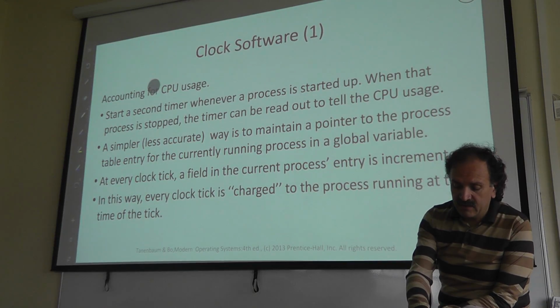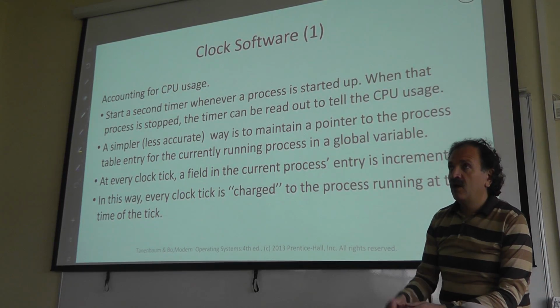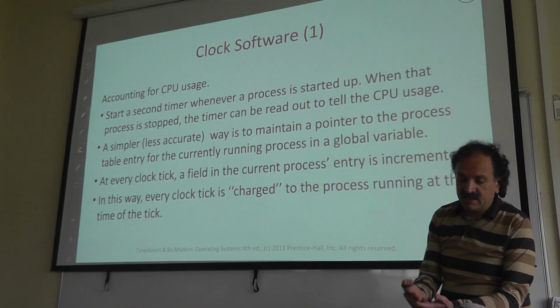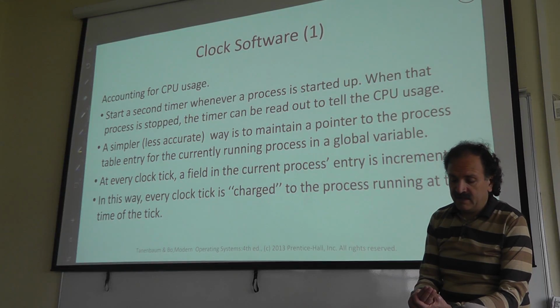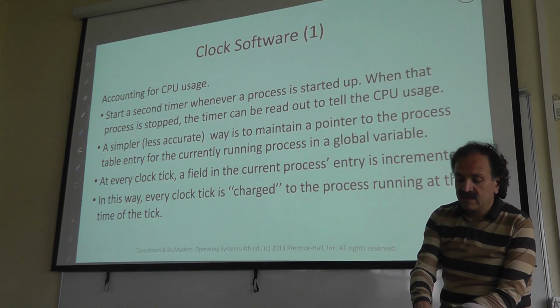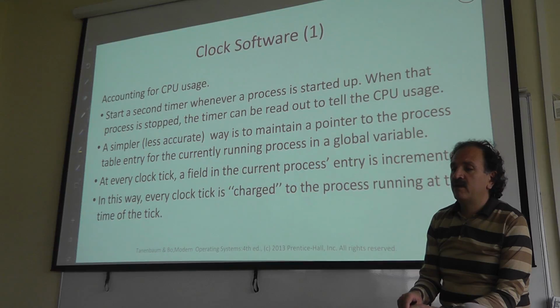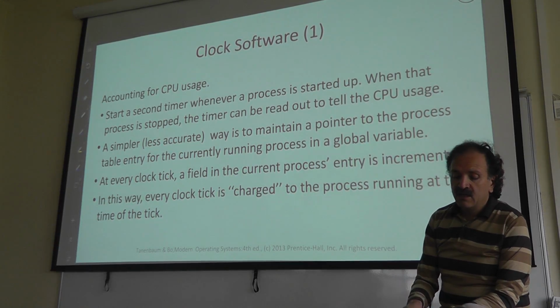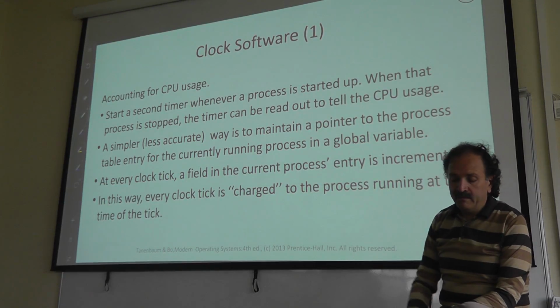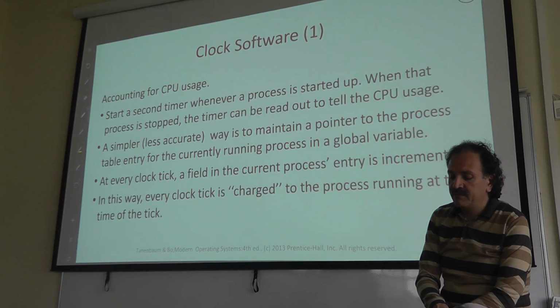The third one is the accounting for the CPU usage. How much my processes are using the CPU is an important issue. You would start a second timer. In your computer, you don't have to run only a single timer, a single clock. You might have many of them. So you might start a second timer whenever a process is started up.